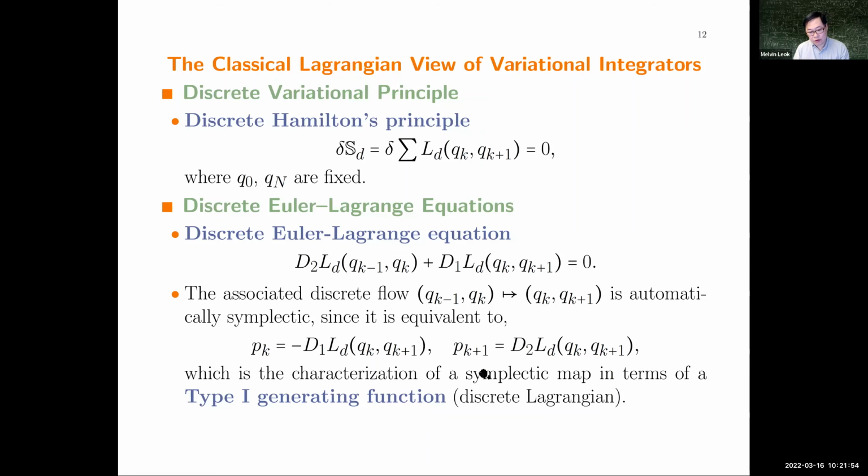And if you know something about symplectic maps, you'll see that this is a characterization of a symplectic map in terms of what are called type 1 generating functions. Indeed, the discrete Lagrangian is a type 1 generating function of the exact flow.